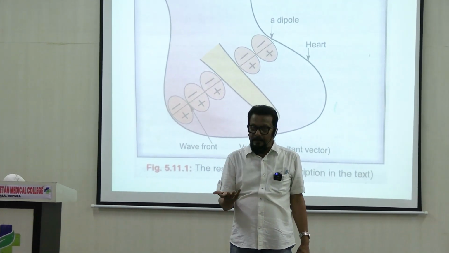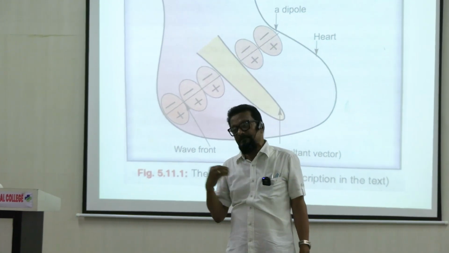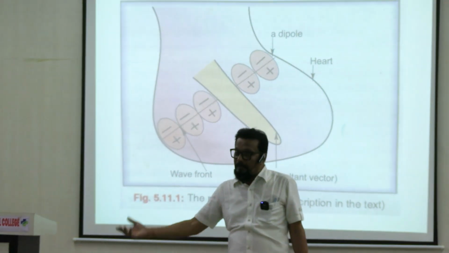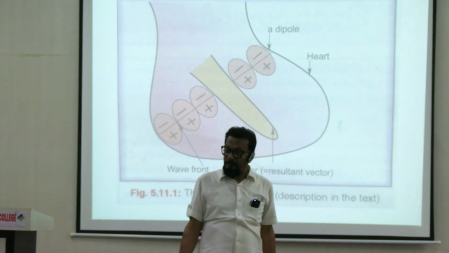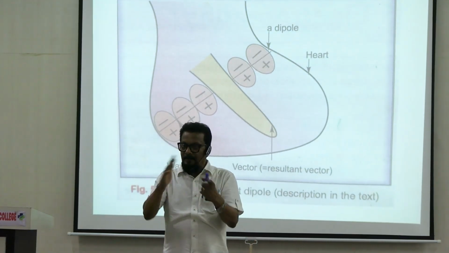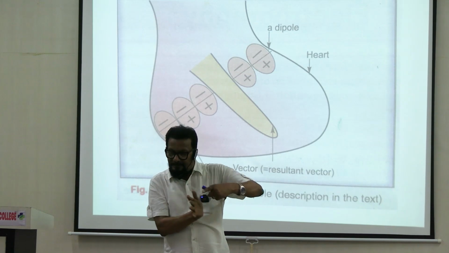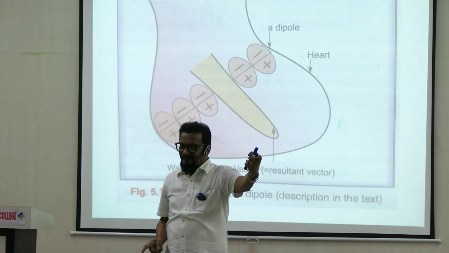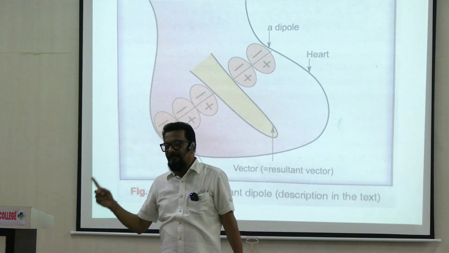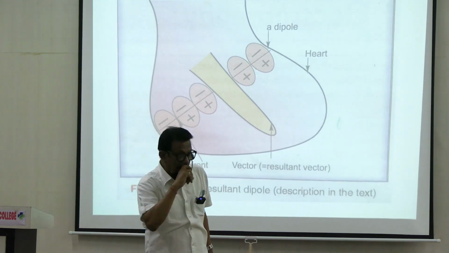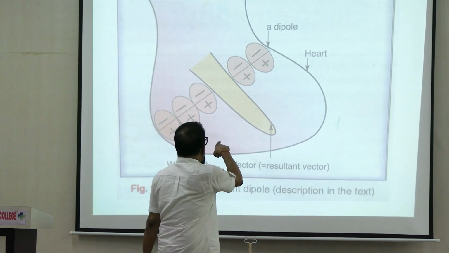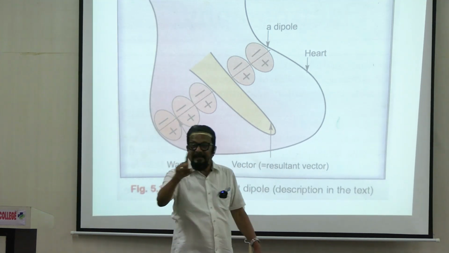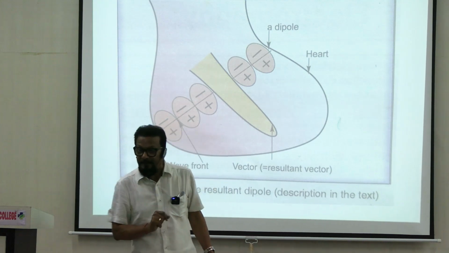Hypertrophy can be in the left ventricle as well as in the right ventricle. By measuring the mean axis, we can say whether there is left ventricular hypertrophy or right ventricular hypertrophy. Moreover, the axis is going to change if there is any change in the conductive pathway.